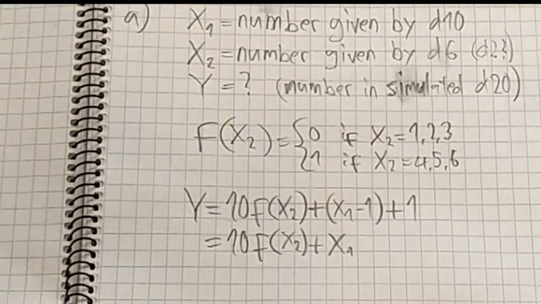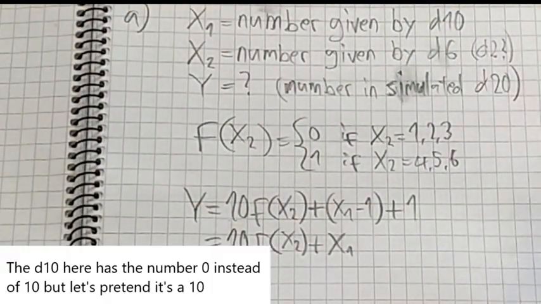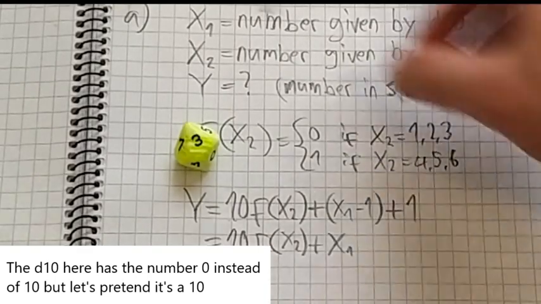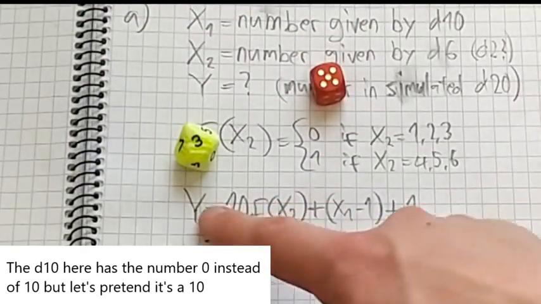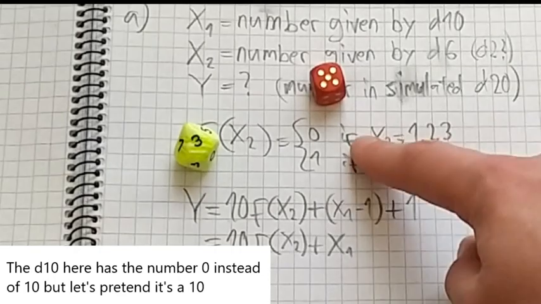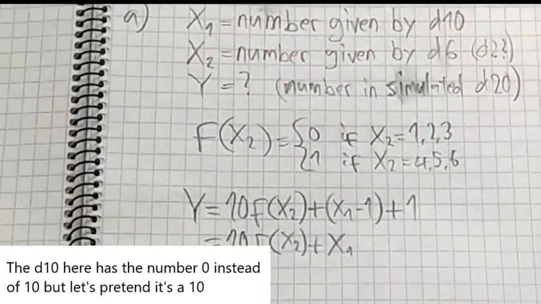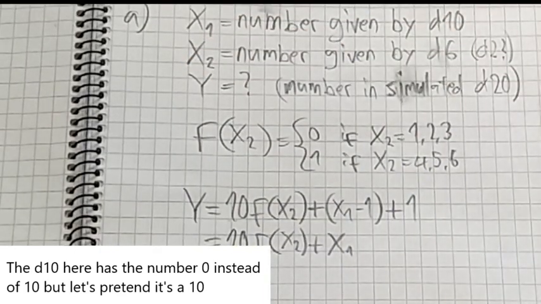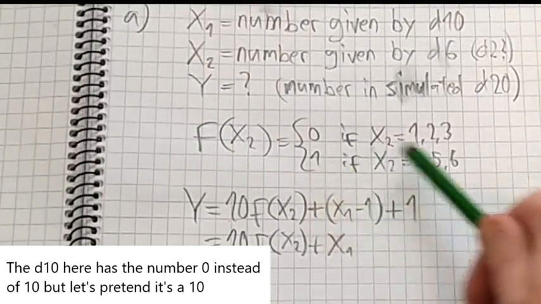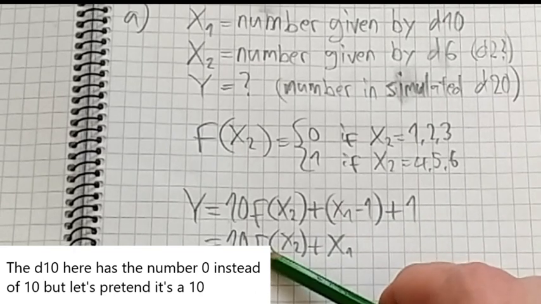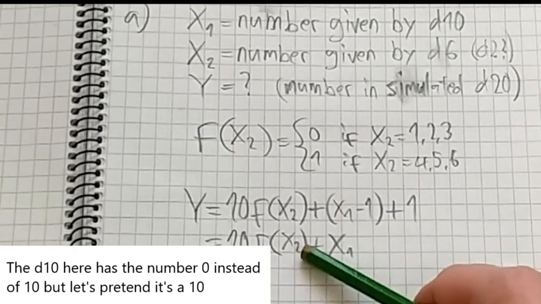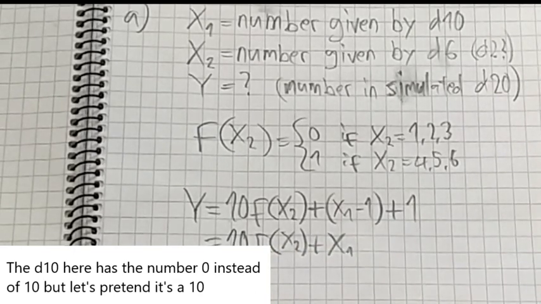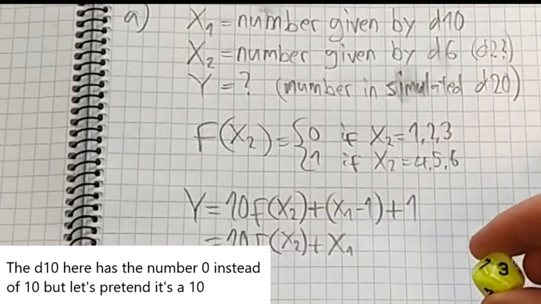So what this means, let's roll for an example. I rolled a 3 from the d10 and 5 from this one. So the 5 is mapped into a 1 by this f function. And when we multiply that by 10, we get 10, and x1 is 3 in this case.